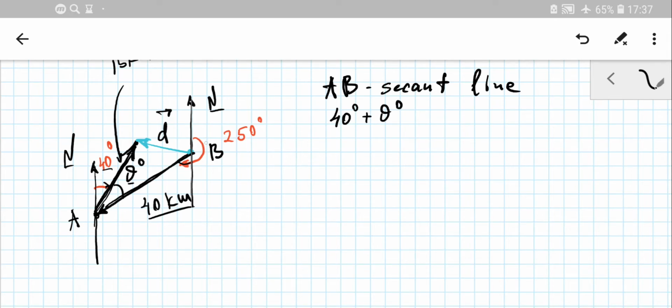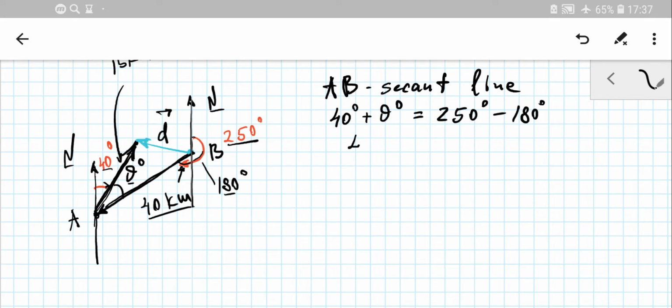So 40 degrees and theta together correspond to that angle. How to find this angle? We know that the measure for this, because it's an open angle around the point B, is 180. So that's 180. So what about the rest part? The rest part is simply 250 minus 180, so we can say that it's also 250 minus 180 degrees.